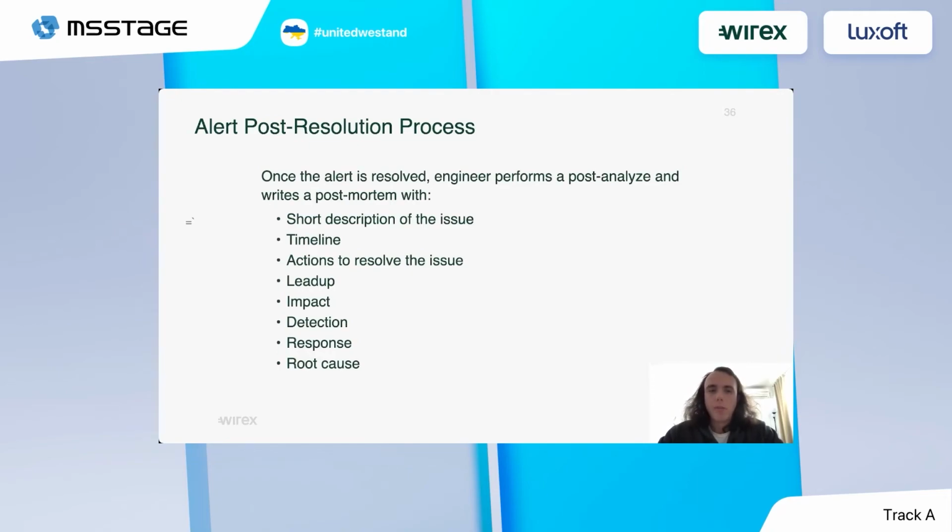Response. This is a list of every single person who participated in the alert and the whole incident resolution. Root cause is like advice on how to prevent this in the future by describing the initial reason why the incident happened.